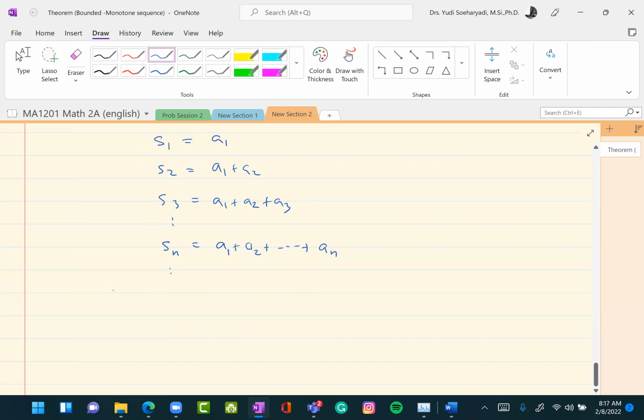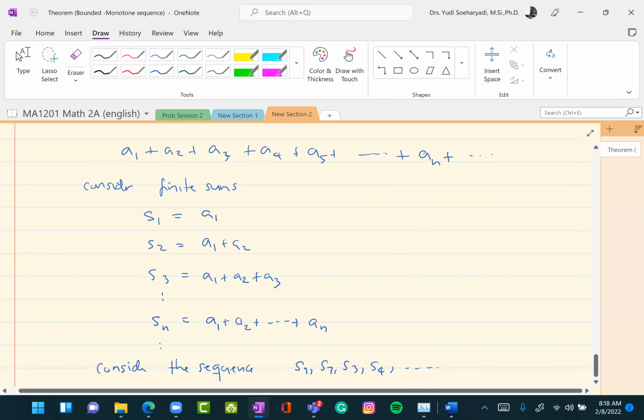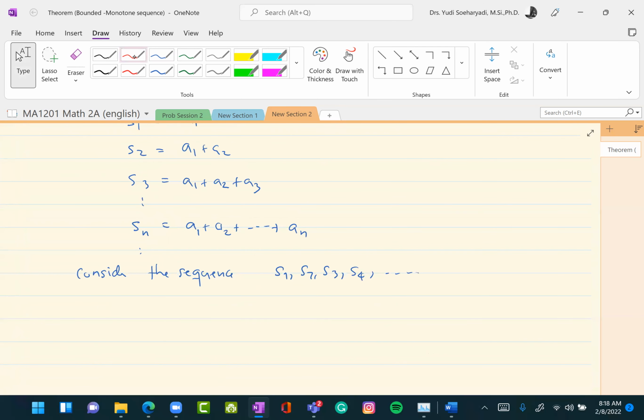And we consider this as a sequence, S1, S2, S3, S4, and so on, written with S just to make it different from A. This is called the sequence of partial sums.